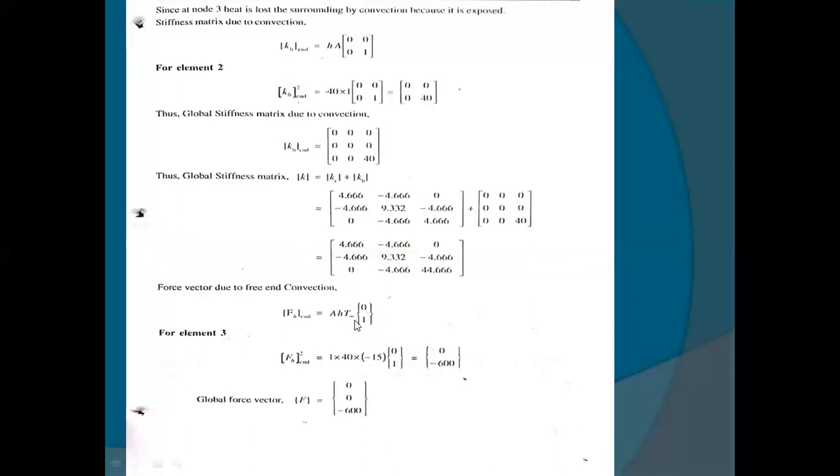Since only at the end some air is flowing, only at that point some force is acting. Therefore substitute A, h, and T infinity, which they gave as minus 15 degrees, and [0 1]. So we get 0, minus 600. Since we have 3 nodes, at node 1 it is 0, node 2 is 0, node 3 is minus 600. So this is the force matrix.